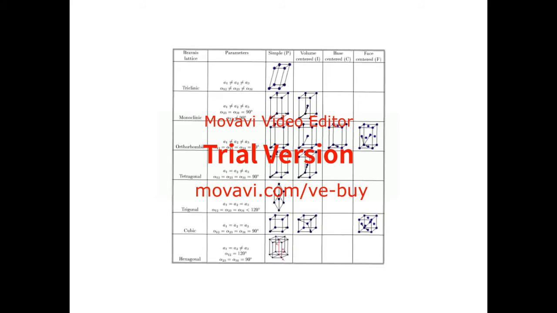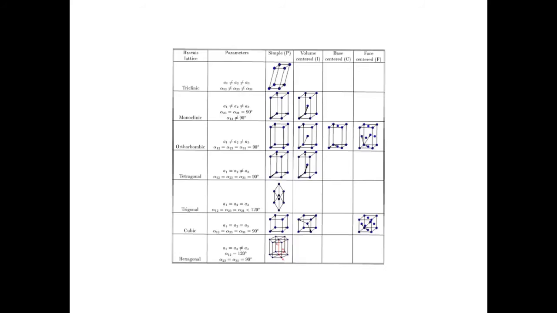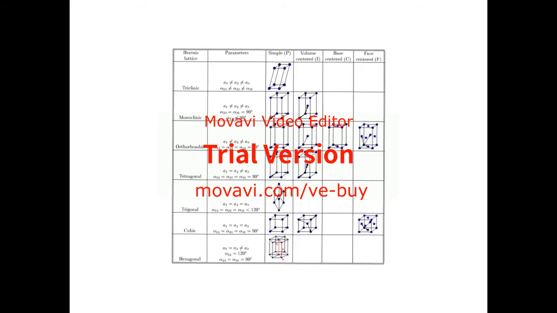So here they are, the Bravais lattices and the crystal systems. As we just mentioned, there are 7 crystal systems, which are also called crystal classes. The most general and the least symmetric of those 7 is the one that's called the triclinic, which is listed at the very top.